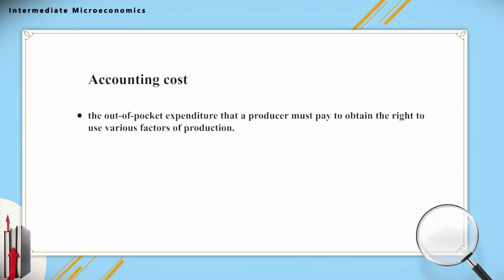Accounting cost is the monetary expenditure that a producer must pay to obtain the right to use various factors of production, including interest rates, wages, rent, and the purchase of machinery, equipment, and raw materials, etc. Accounting cost is an actual payment, which is reflected in the accounting book.